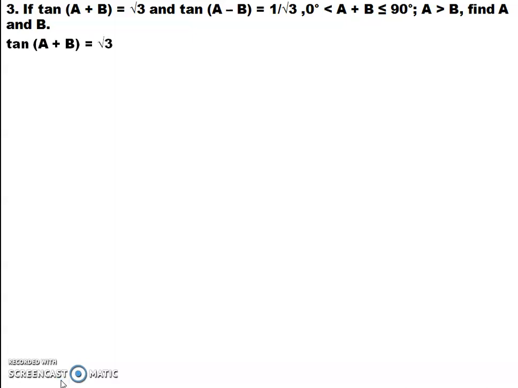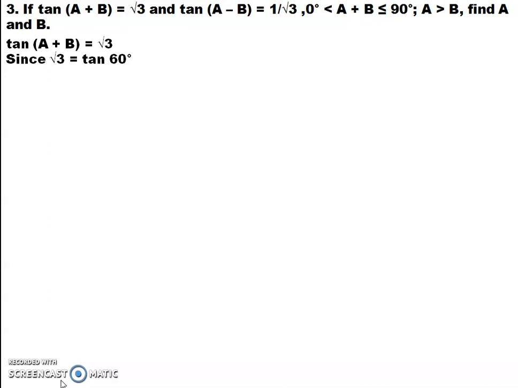The first data given to you is tan(A + B) is equal to root 3. Just go back to the table 8.1. You will see that tan 60 is equal to root 3.